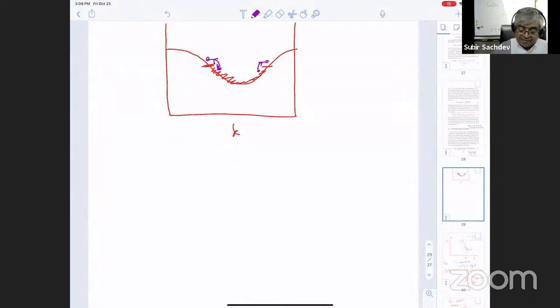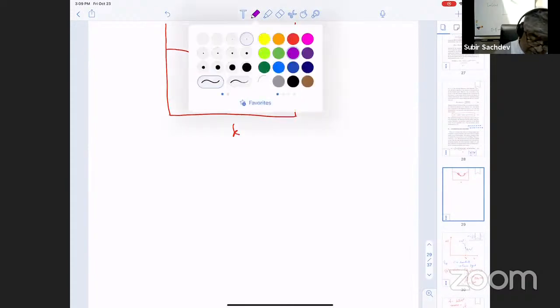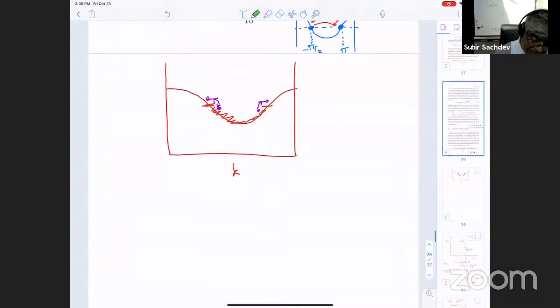But when you have a lattice, there are special densities under which a new type of process becomes possible. And that's a process, the Umklapp process, where two electrons, one sitting here, one very close to this Fermi point, are able to go to the other side. Here, these arrows are supposed to be near the Fermi points.